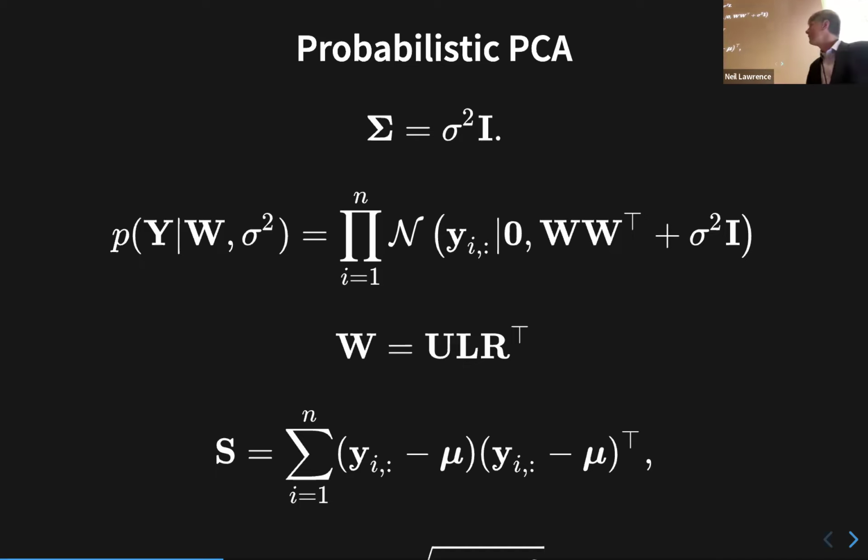In particular, the case Hotelling looked at was where sigma squared goes to 0. So he looked in the limit. It's not a valid distribution, but he took the limit as sigma squared goes to 0. And when he did that, he found, oh, this is just the eigen decomposition of the covariance matrix, right? So although these sound like two very different things, they turn out to lead to the same algorithm, which is principal component analysis in both cases.